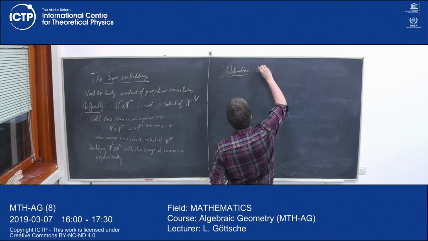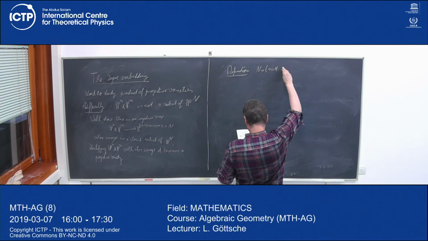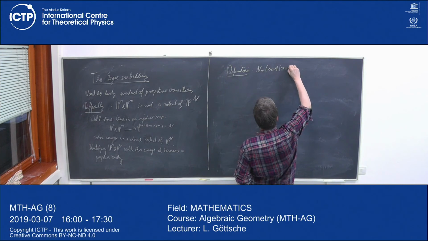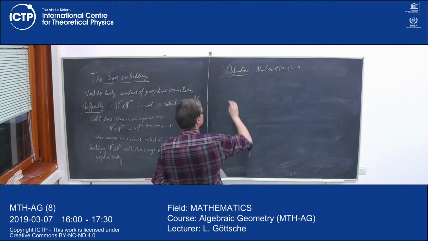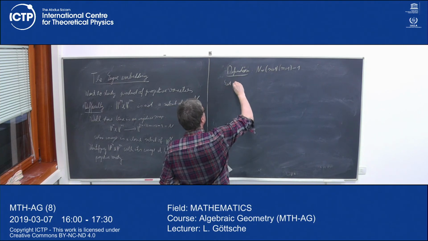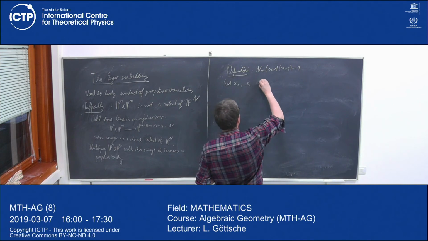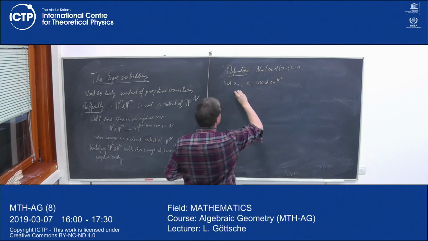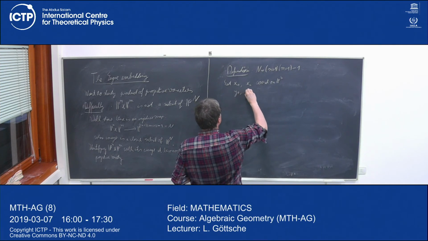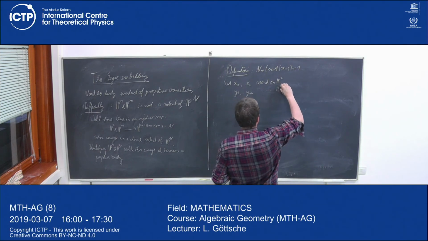Write N equal to (n+1) times (m+1) minus 1. We take x0 to xn, the homogeneous coordinates on Pn, and y0 to ym, the coordinates on Pm.